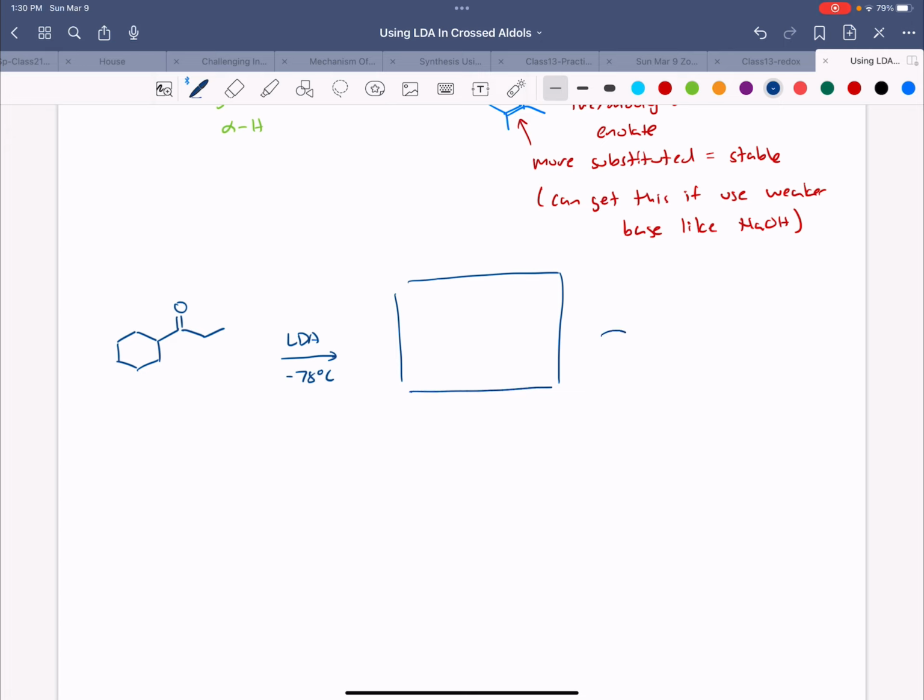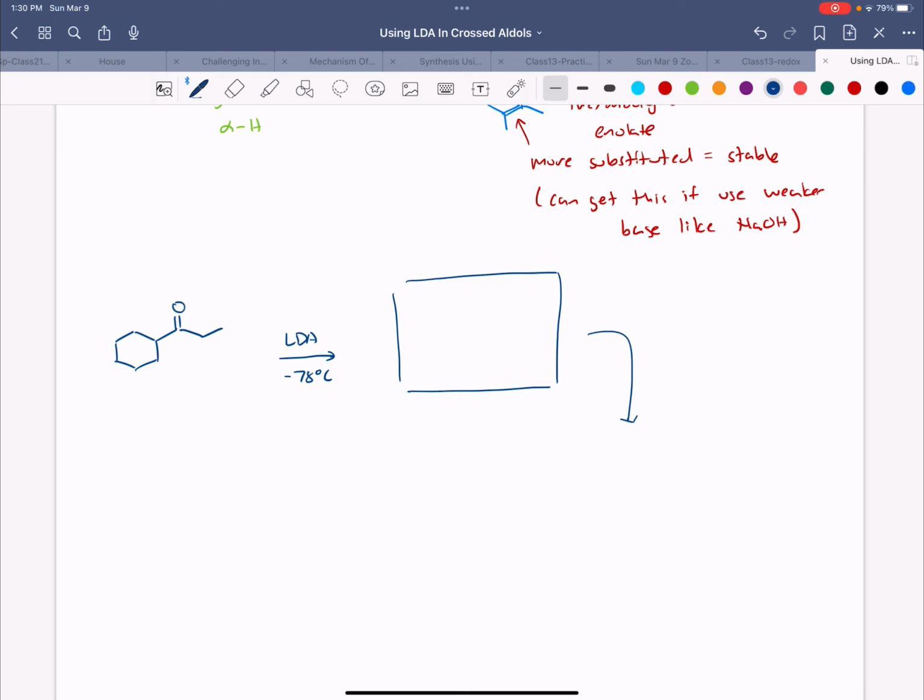And then let us use, we're doing cross aldol again. Let's use that, and let's use ethanol to provide the proton in this cross aldol, directed cross aldol, if you want to use my terminology.